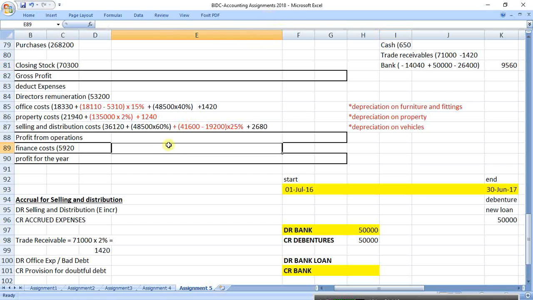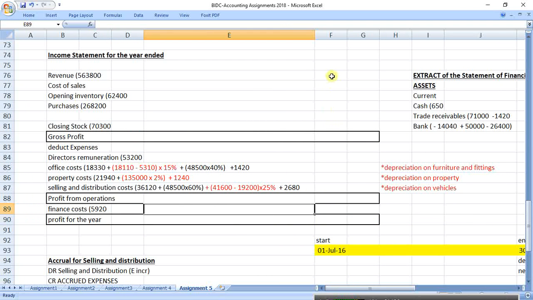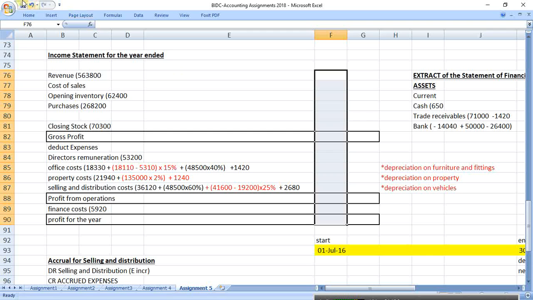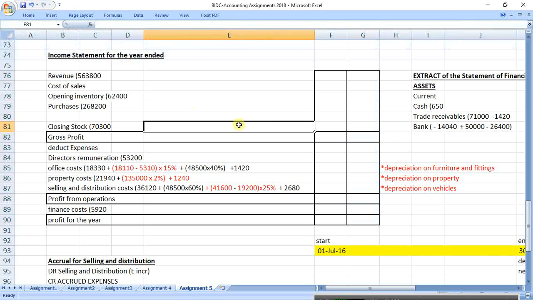Now just tally up. Obviously we've got two columns here, so I'm going to draw those two columns and then I'm going to show the totals. Okay, revenue didn't change. Cost of sales I need to work out.